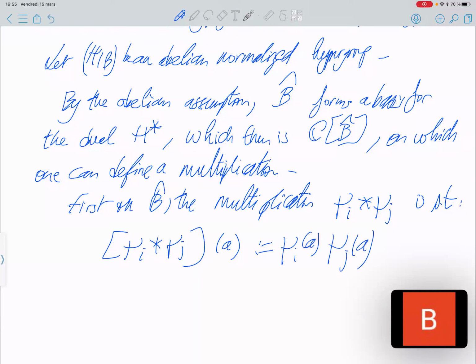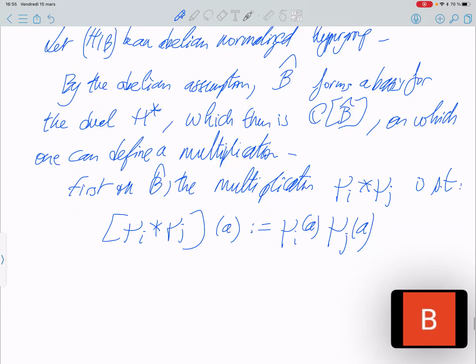So it's like a kind of convolution or something like that. I guess I will have to stop now. Already time. Let me check. Yeah. For all a in B.